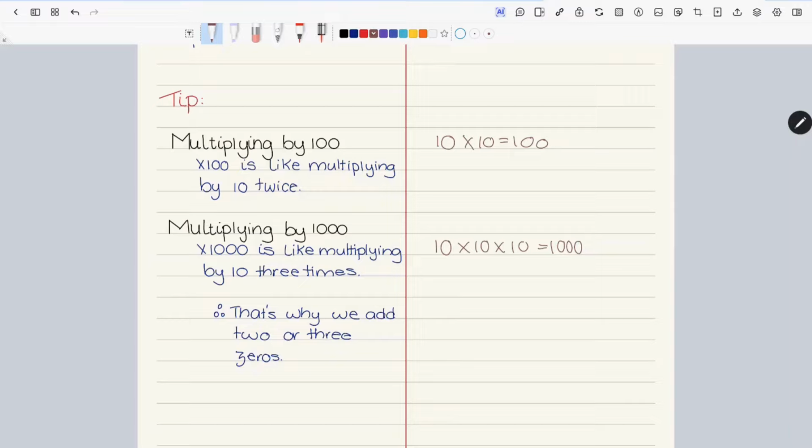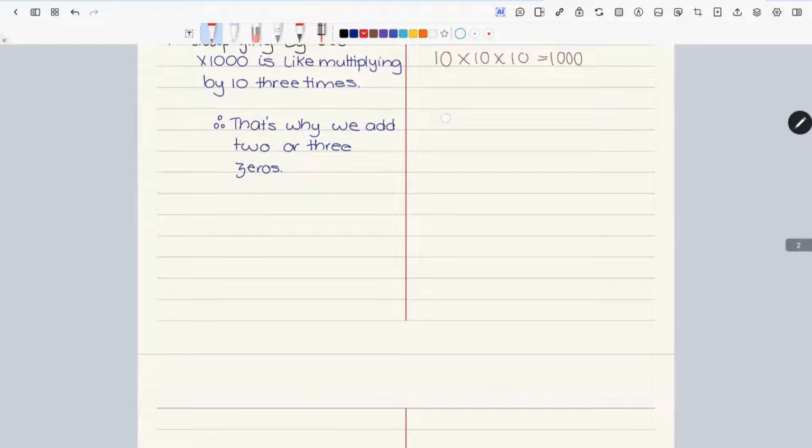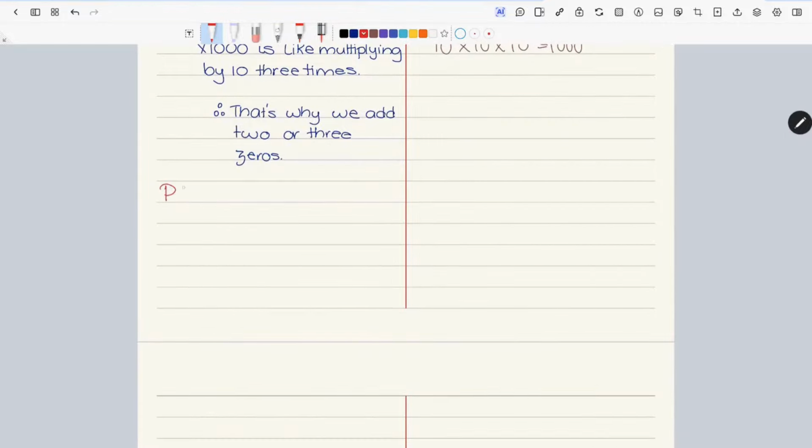Keep that in mind. Now grab a piece of paper and try the following practice questions. This one would be 7 times 10.